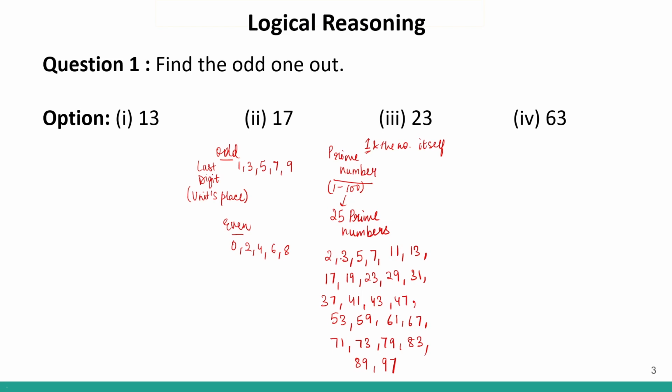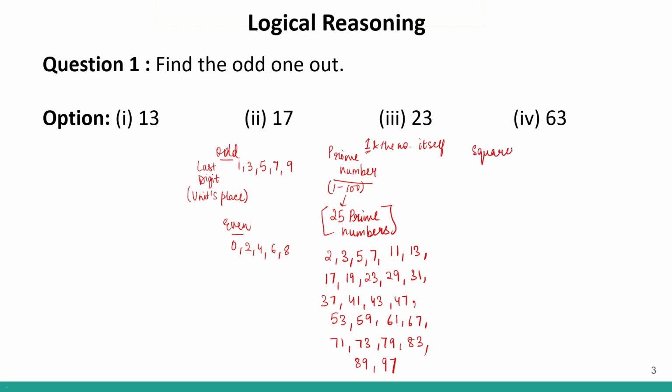So how many numbers are there? 1, 2, 3, up to 25. So in total there are 25 prime numbers between 1 to 100. These you should remember.